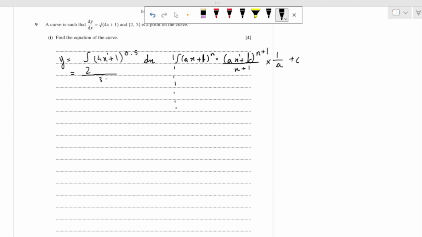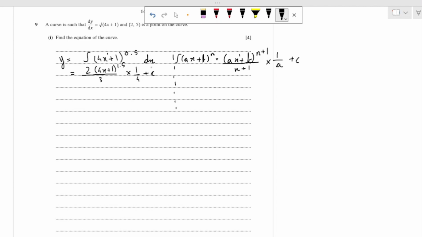We will have 3, and over here we would have (4x plus 1) with the power 1.5. Then you multiply this by the integrand inside, which is 1 over a, that is 1 over 4, plus c.